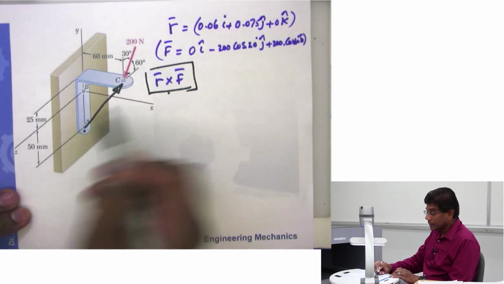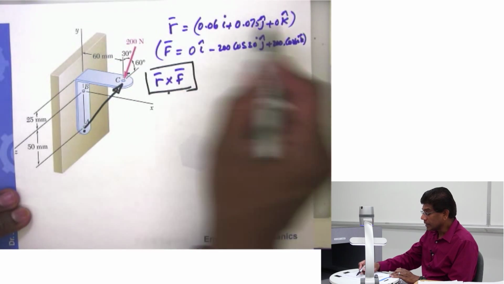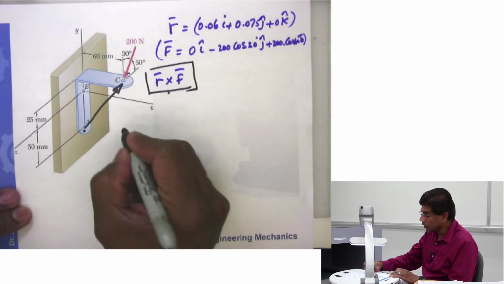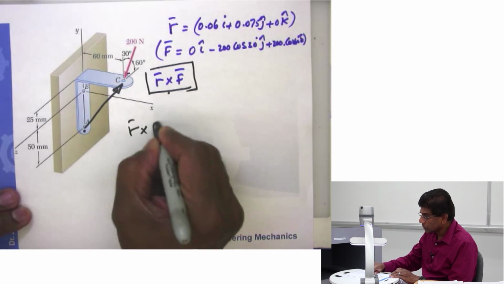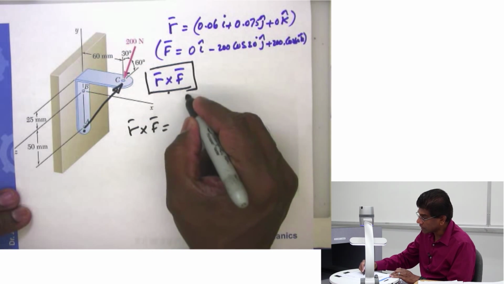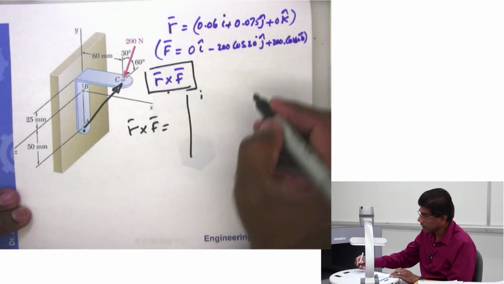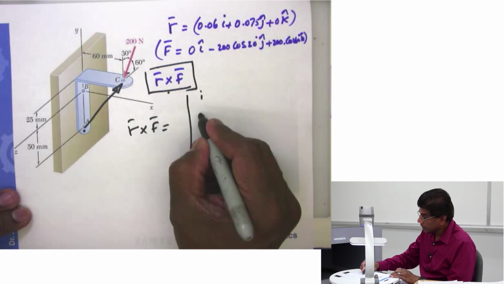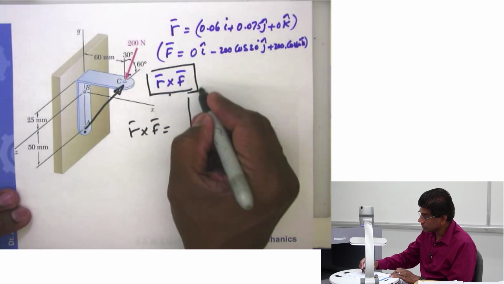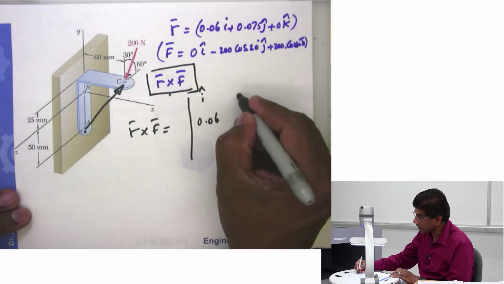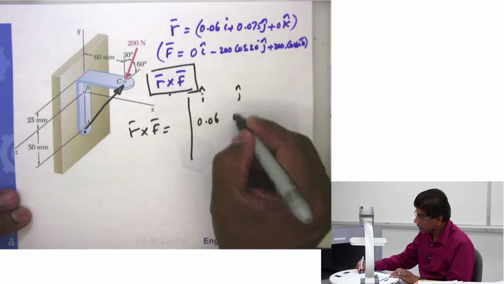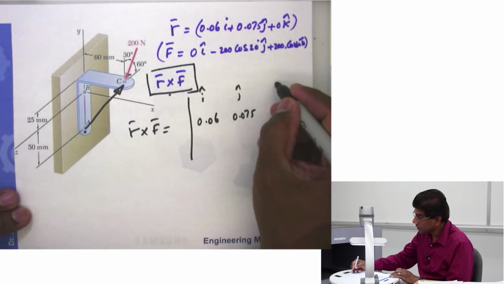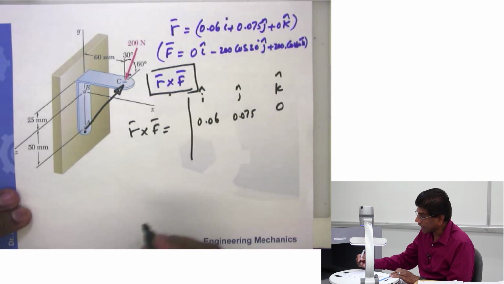Since it is in 3D, instead of doing all the details, I'm going to put this into the determinant form that I talked about. Here comes my R, which is the x component 0.06, that's my unit vector i, j, 0.075, k, I have a 0.